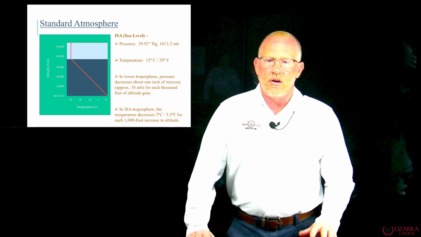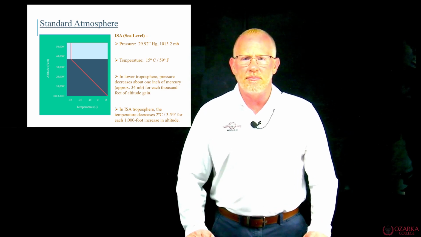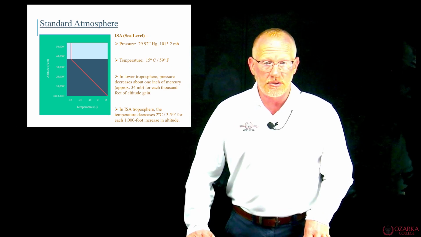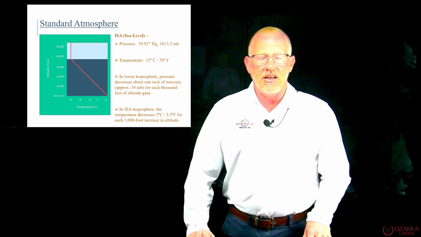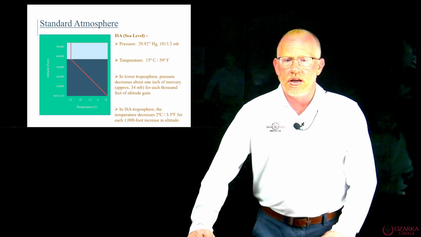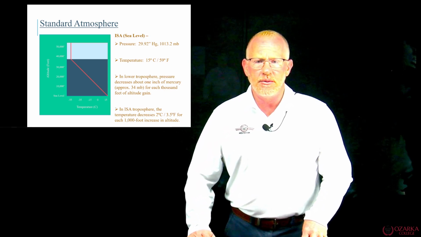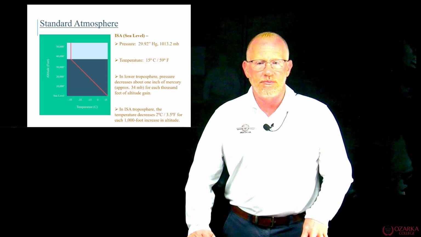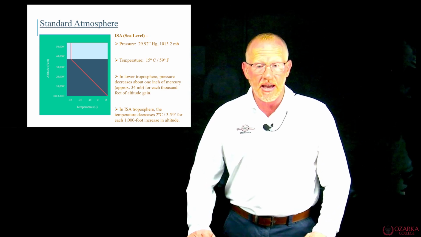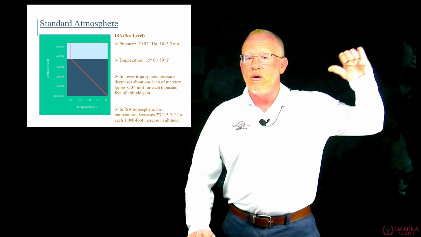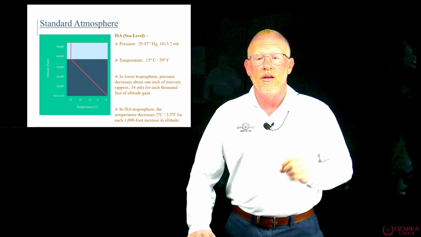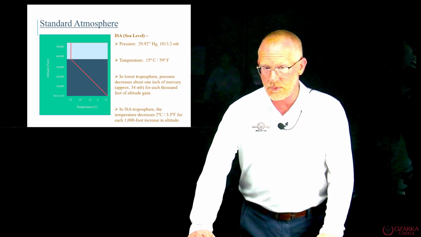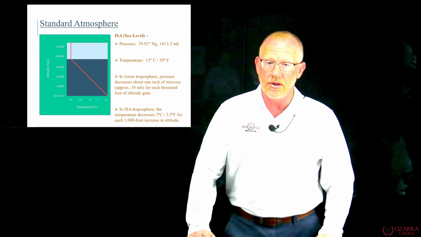In the lower troposphere, pressure decreases about 1 inch of mercury, or approximately 0.34 hectopascals, for each 1,000 feet gained in altitude. In the ISA troposphere, the temperature decreases 2 degrees Celsius, or 3.5 degrees Fahrenheit, for each 1,000 feet of altitude gained. So for every 1,000 feet you go up in the ISA, you lose 2 degrees Celsius. You need to remember these numbers and become very familiar with them.